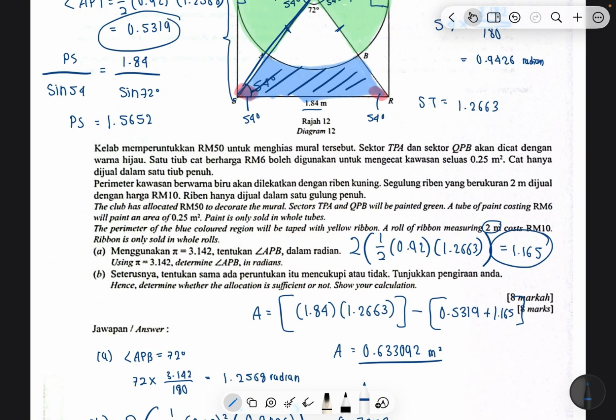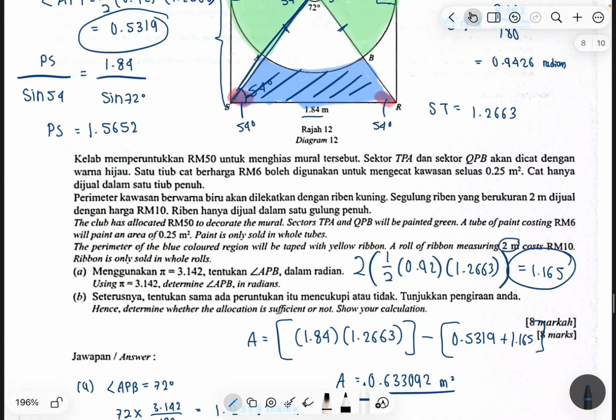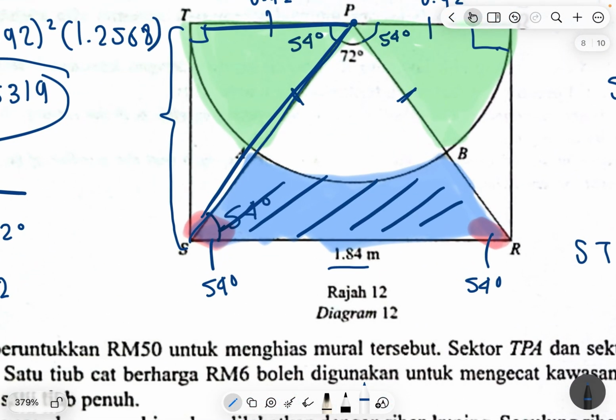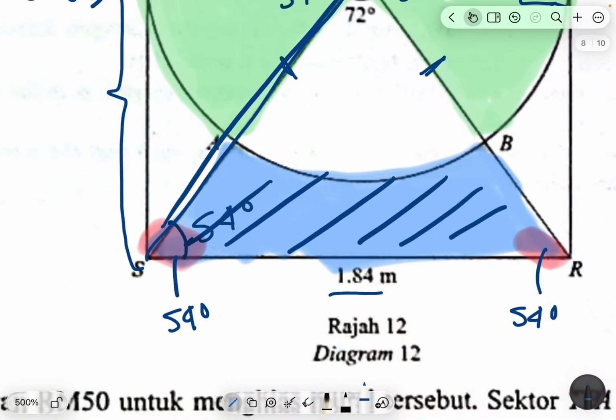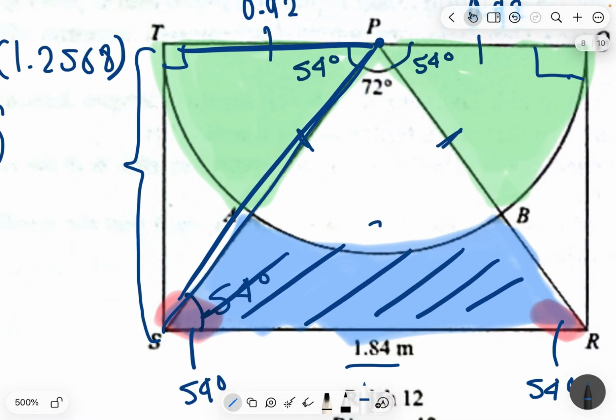I think I have to find the perimeter. 2 cm. Oh, I have to find the perimeter. So I have to find the arc length.